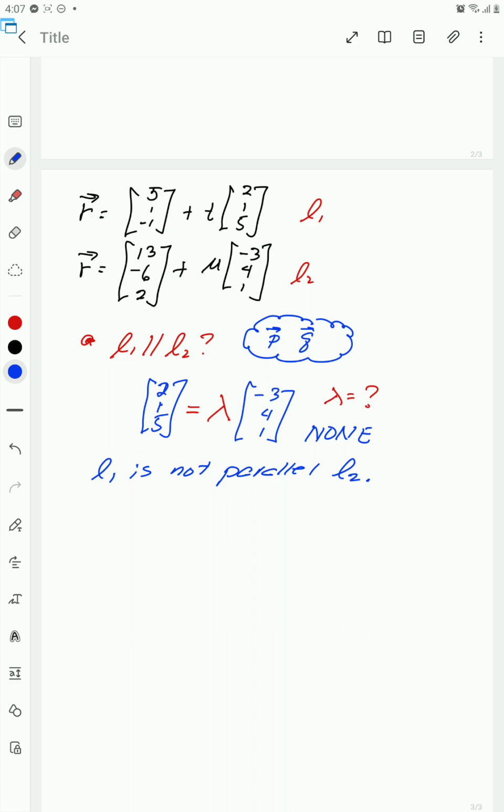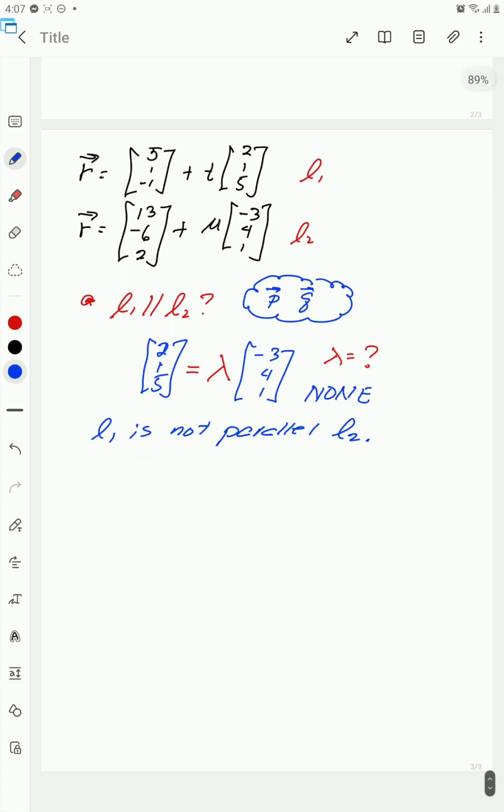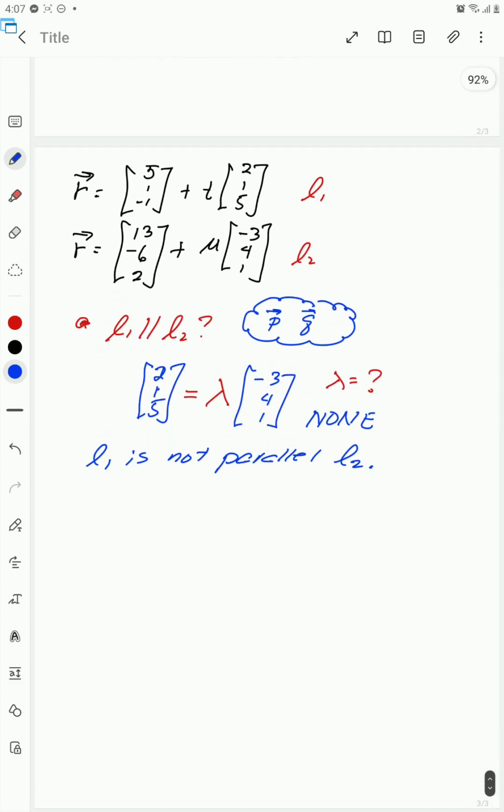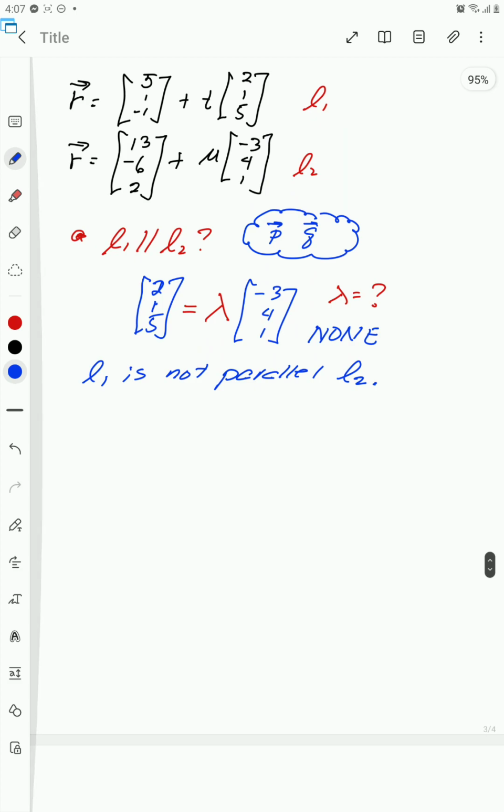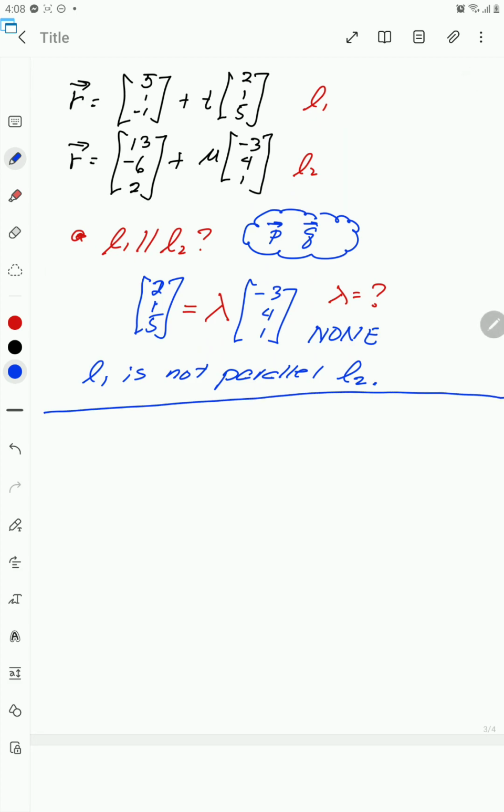Because if the lines are not parallel and not intersecting, it means that the lines are skew. So let's take a look at whether they will intersect or not. Again, what will be our thinking process to check whether line 1 intersects with line 2?